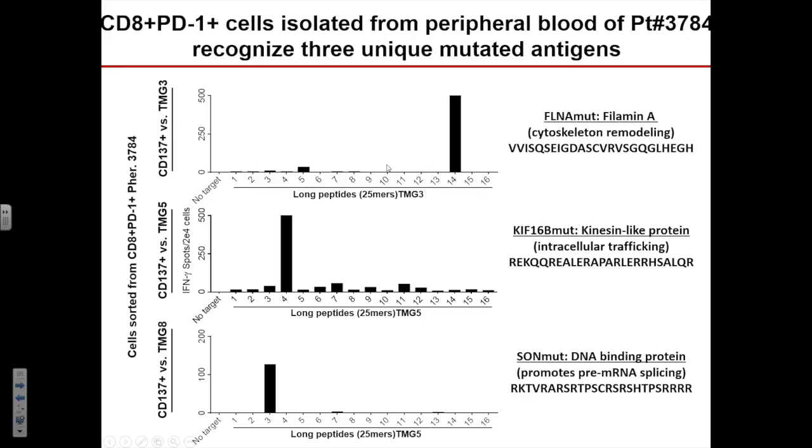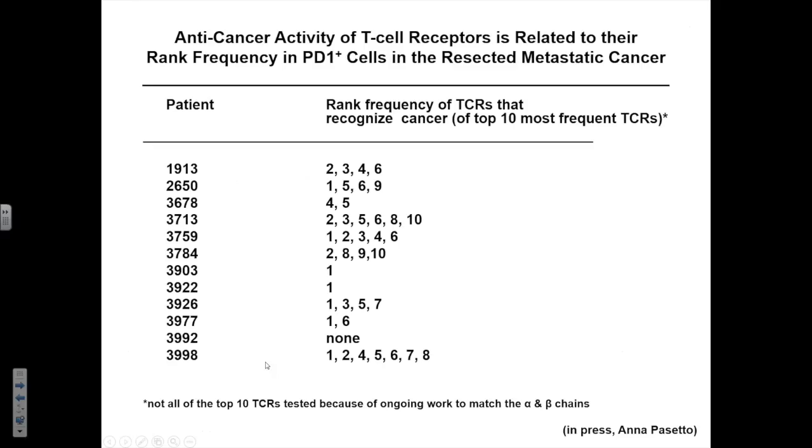We only had 16 that we had to make, and we could identify multiple reactivities in this patient that recognize these random somatic, just bad luck mutations that in this sense convey some ability to react against the cancer.